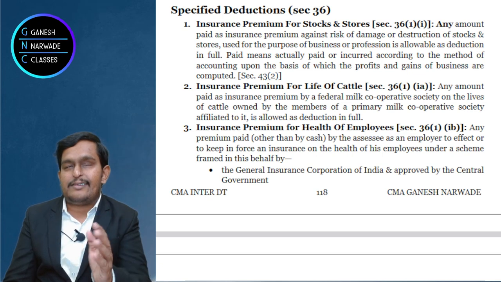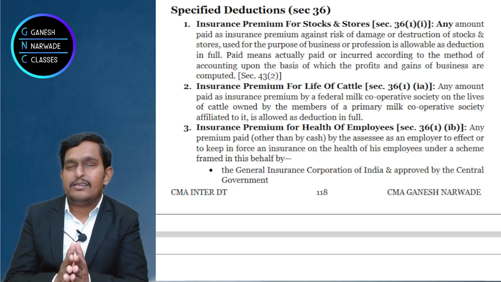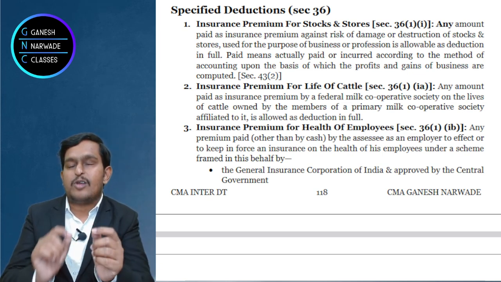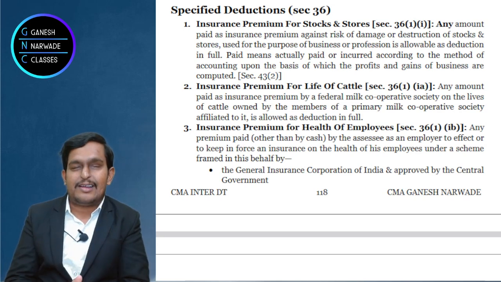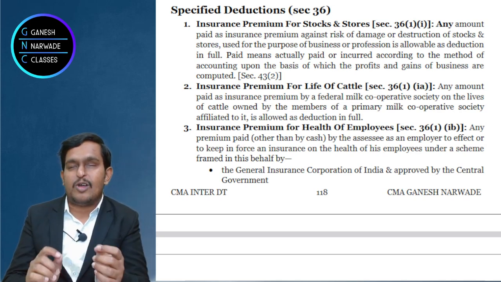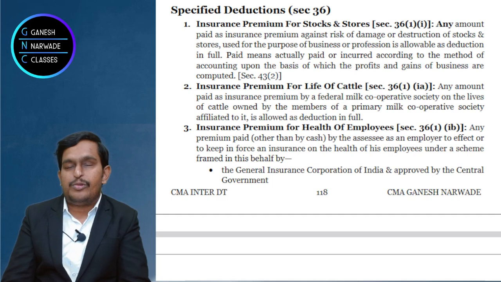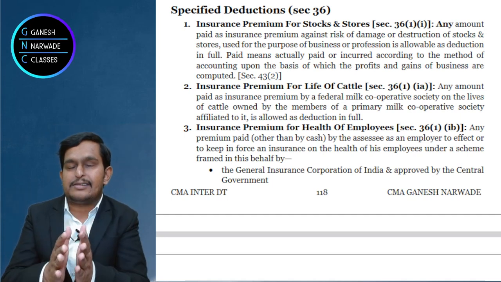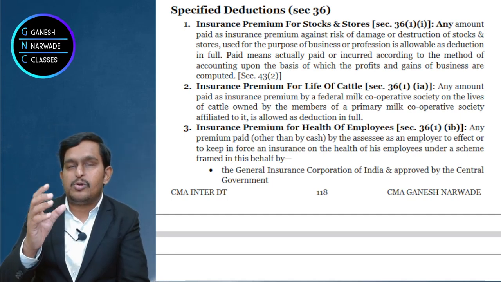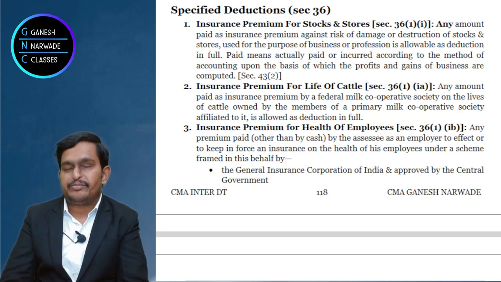In section 36, we only claim deduction for insurance premium on stocks and stores, right? So insurance premium on stocks and stores will be claimed under section 36 subsection 1 clause 1. So we have to do some comparison with the past data so that you will be able to connect and remember.